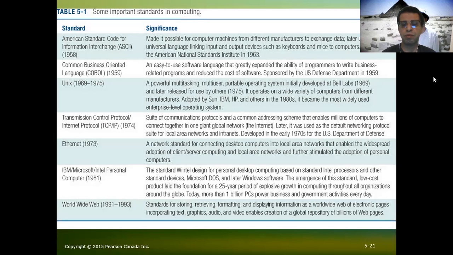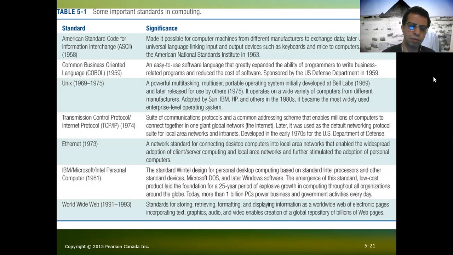It made it possible for computer machines from different manufacturers to exchange their data. Later it was used as a universal language linking input and output devices such as a keyboard and mouse to computers, adopted by the American National Standards Institute in 1963.